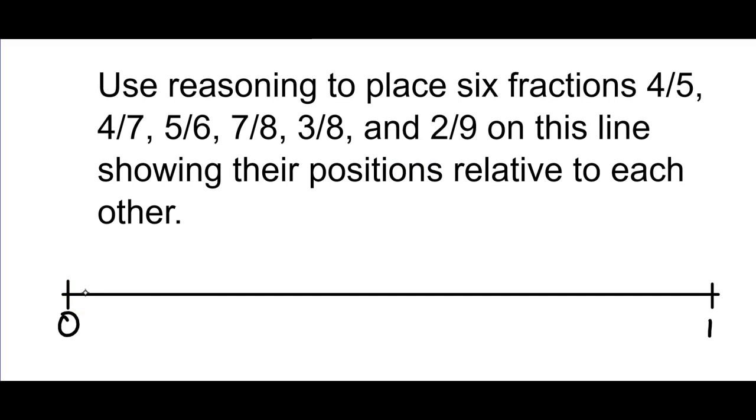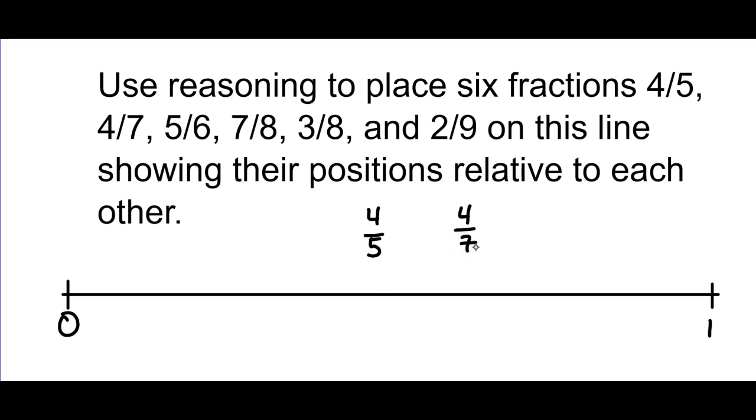I want you to pause the video and see if you can compare these. If you need to, I'll start you off with the hint. So pause the video if you want to try it without the hint. And so the first thing I'm going to compare, since it's your first hint here, is look at 4/5 and 4/7.